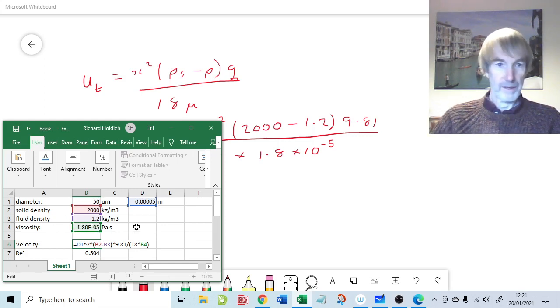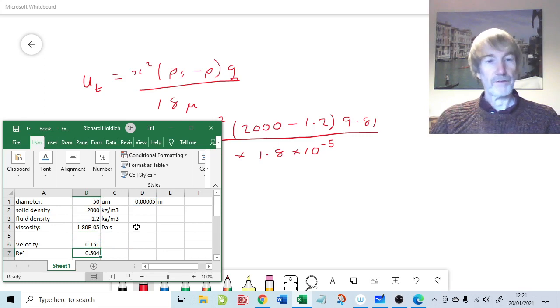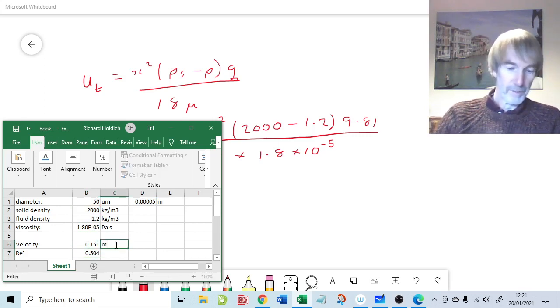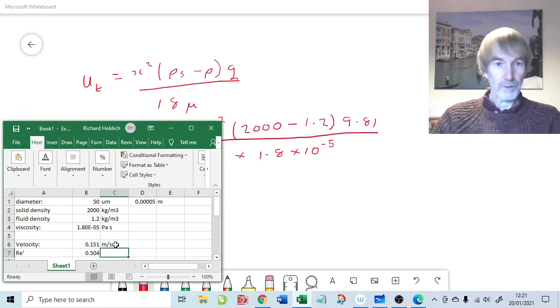That all looks good. That gives us a velocity of 0.151 meters per second. It also gives us a particle Reynolds number of 0.5.